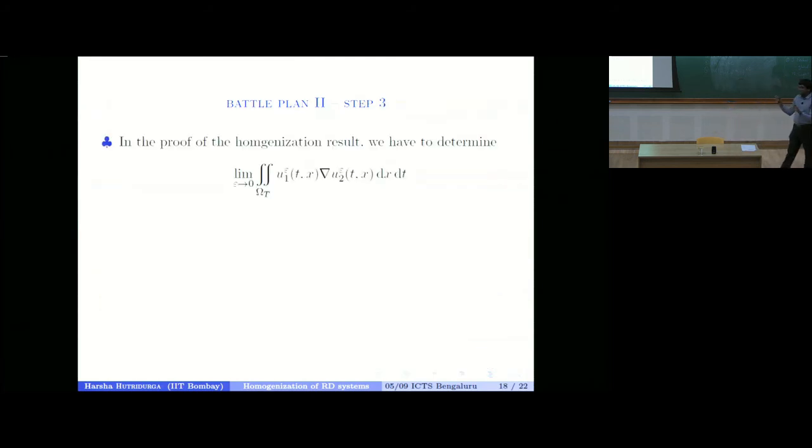In the homogenization step, which I am not detailing, there will come a time where you have to pass to the limit in some term like this one, in an integral like this. We have just seen that the gradient of U2 epsilon, for example, is just in L4/3, because U2 epsilon was in W^{1,4/3}.